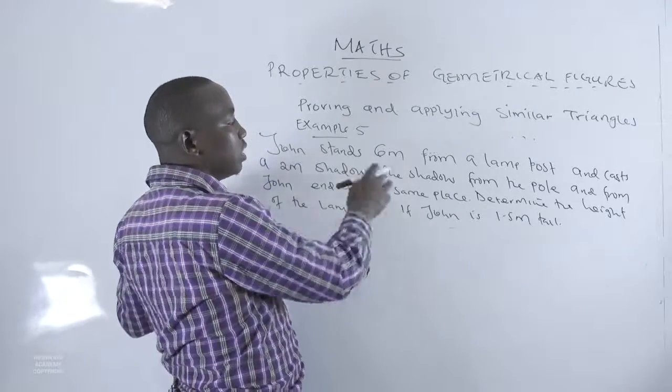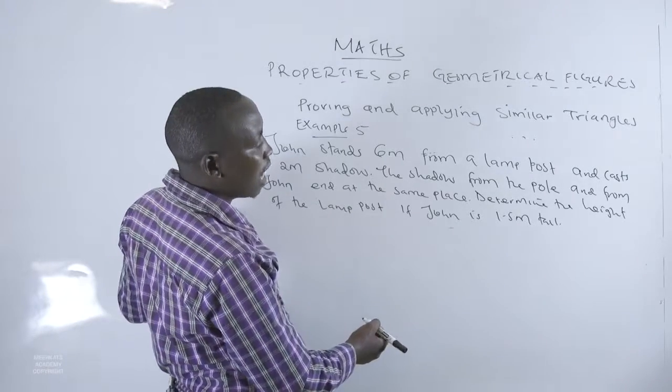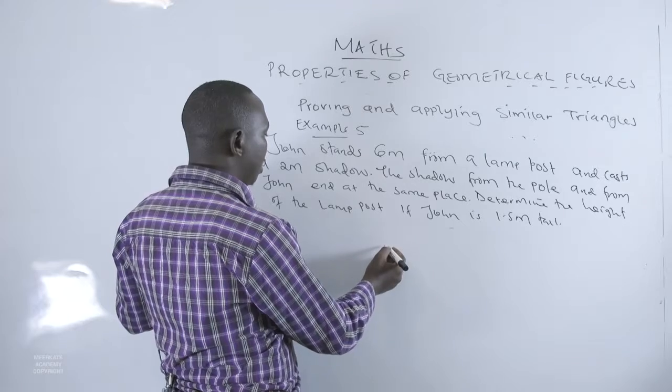Now we are told that John stands 6 meters from a lamp post.